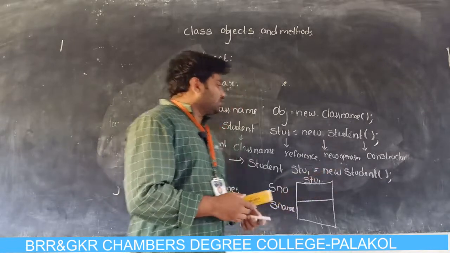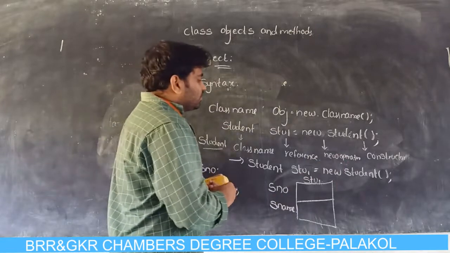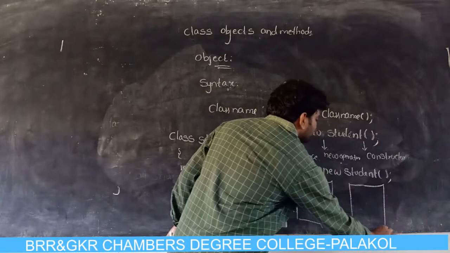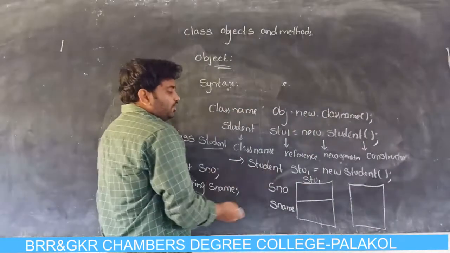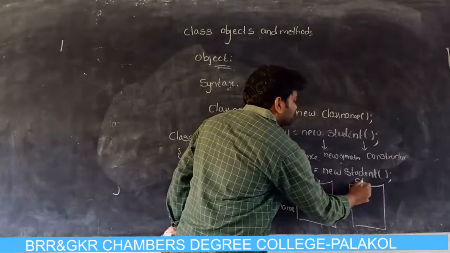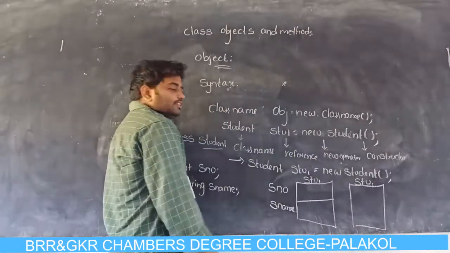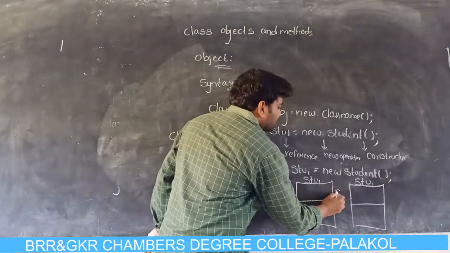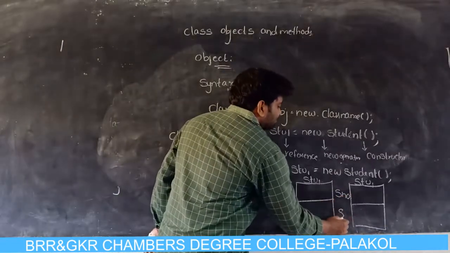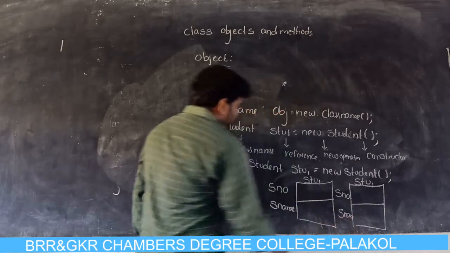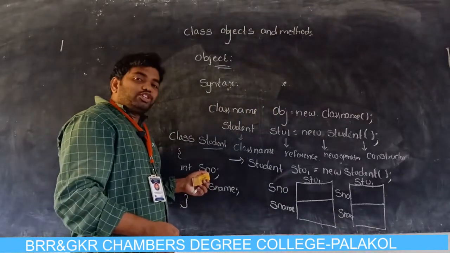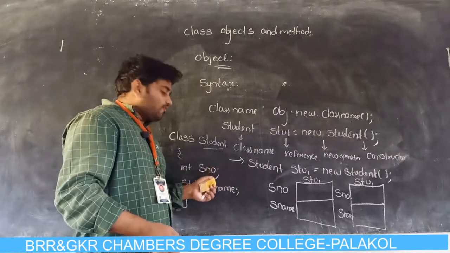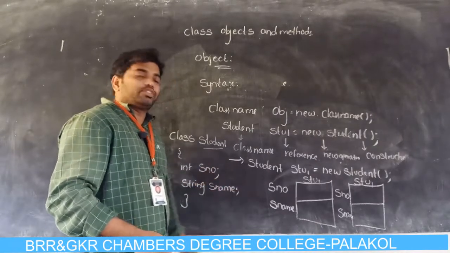Okay, let's start. Suppose in the same example you write stu1, the object is created and the memory allocation is created, sNumber and sName. Are the values initialized or not? sNumber has no initialized value, sName has no initialized value.